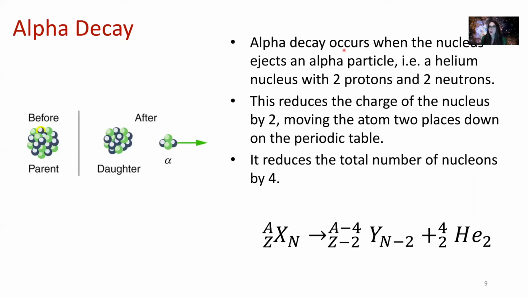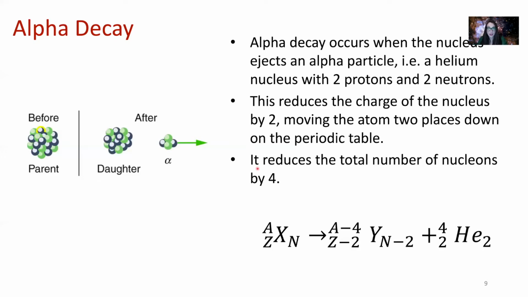Alpha decay occurs when the nucleus ejects an alpha particle, which is a helium nucleus with 2 protons and 2 neutrons. This reduces the charge of the nucleus by 2, moving the atom 2 places down on the periodic table. It also reduces the total number of nucleons by 4.